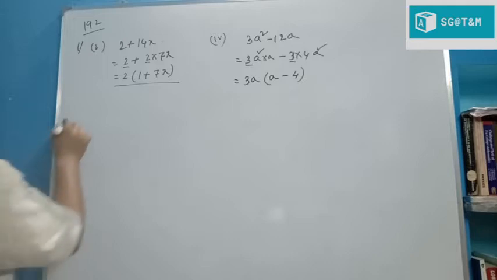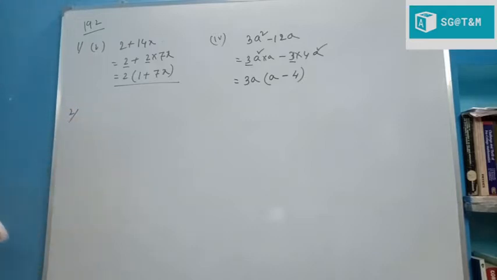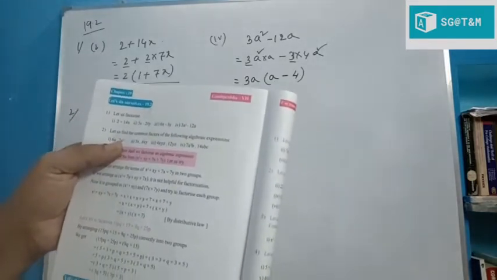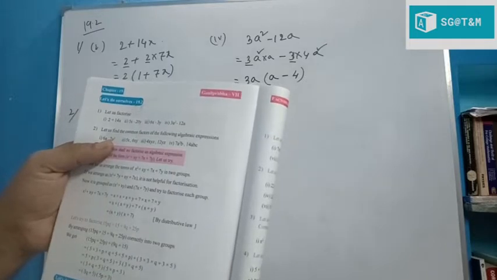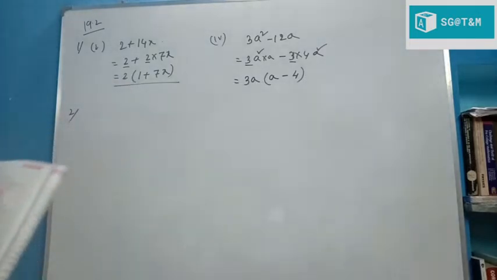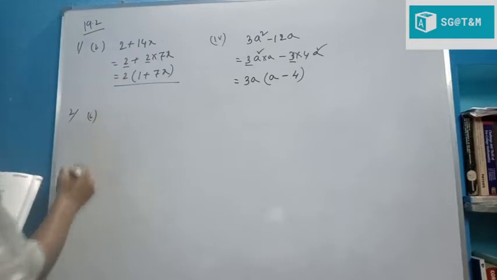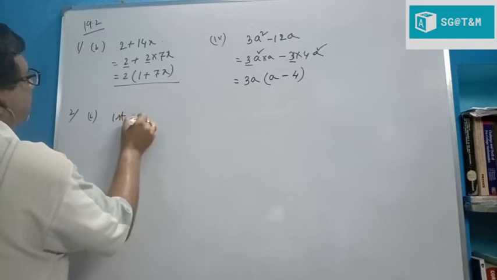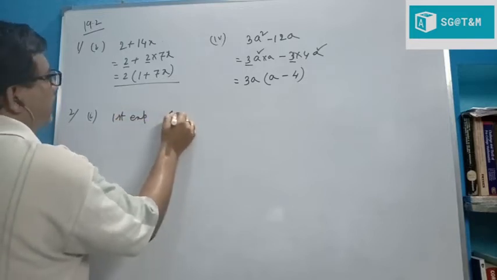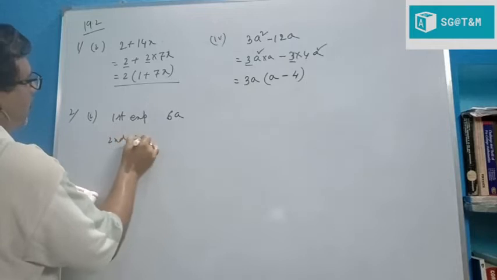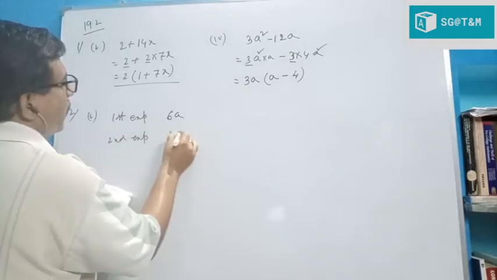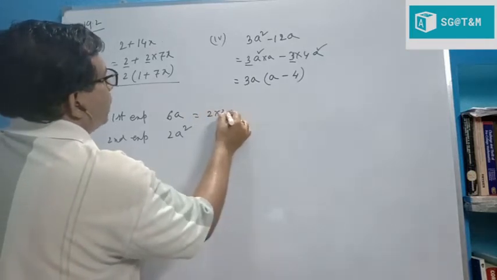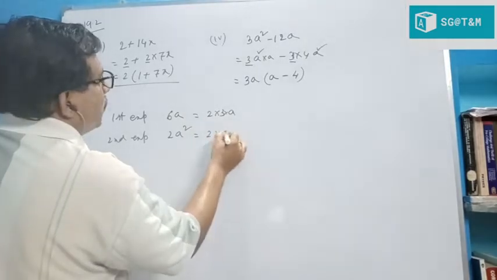Next, question number 2. Let us find the common factors of the following algebraic expressions. First expression is 6a, and the second expression is 2a². 6a can be written as 2 into 3 into a, and 2a² can be written as 2 into a into a.